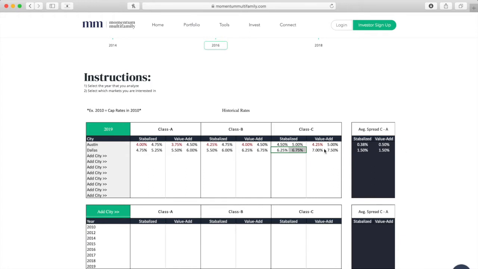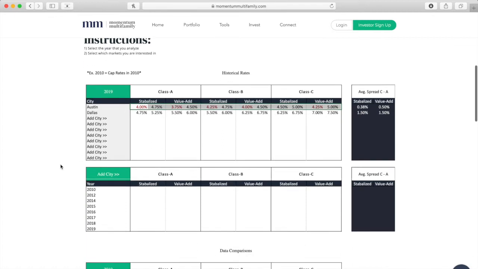Because if you're paying the same cap rate across the board, you might as well buy something that's going to have a little bit better tenant, a little less bad debt, a little less deferred maintenance, and not need as much capital improvement to maintain performance. So again, it's a high-level tool, and of course every deal is deal specific, but it gives you a good look at where cap rates have been over time and what you're likely to expect moving forward too.